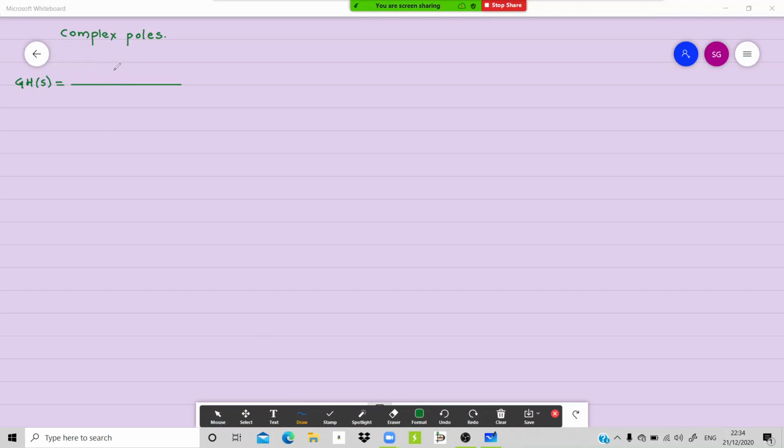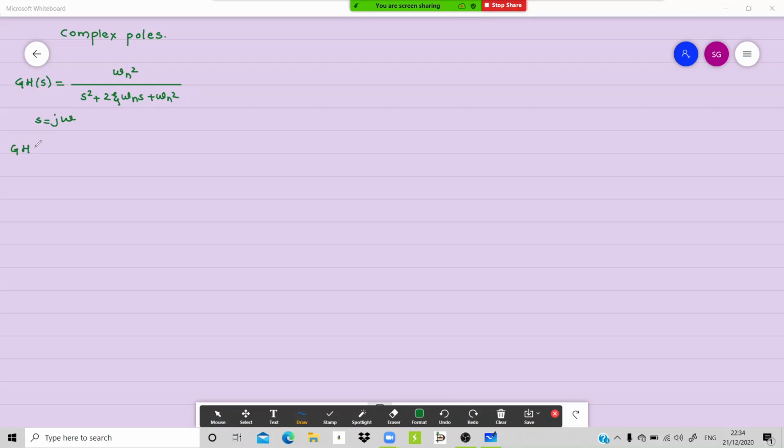So we'll say omega n square upon s square plus 2 zeta omega n s plus omega n square. Correct? So we are supposed to substitute s equal to j omega because we are talking about frequencies.